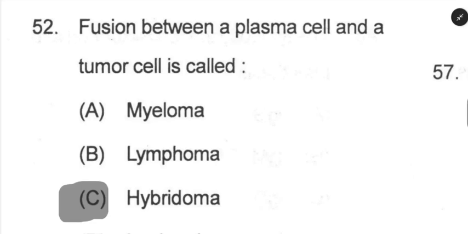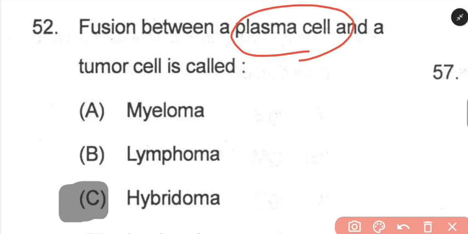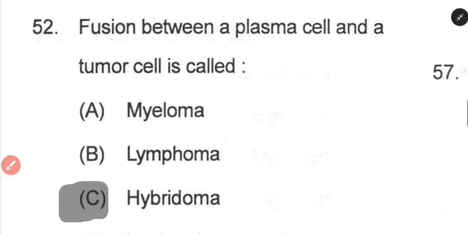By this, the plasma cells will grow very rapidly, and while growing, they will also produce monoclonal antibody. So this fusion is done and the result is called hybridoma. Okay, next question.